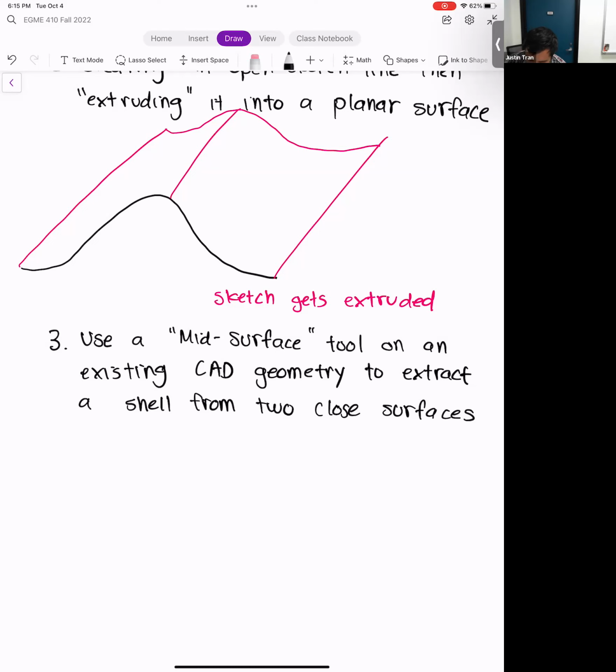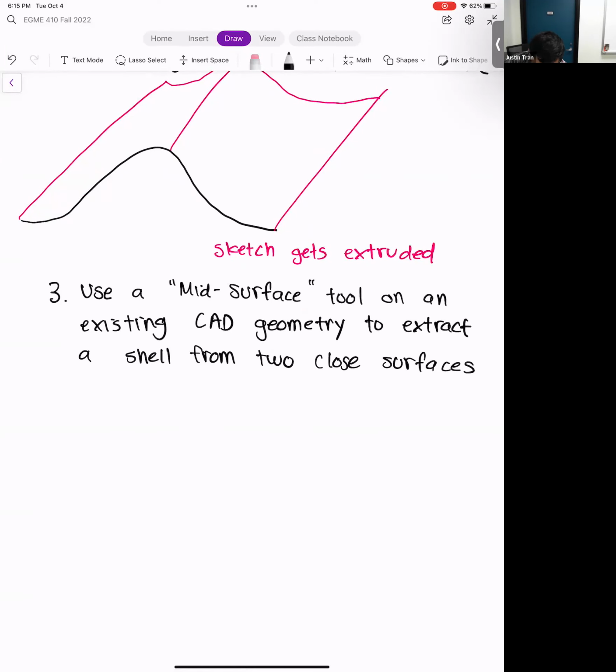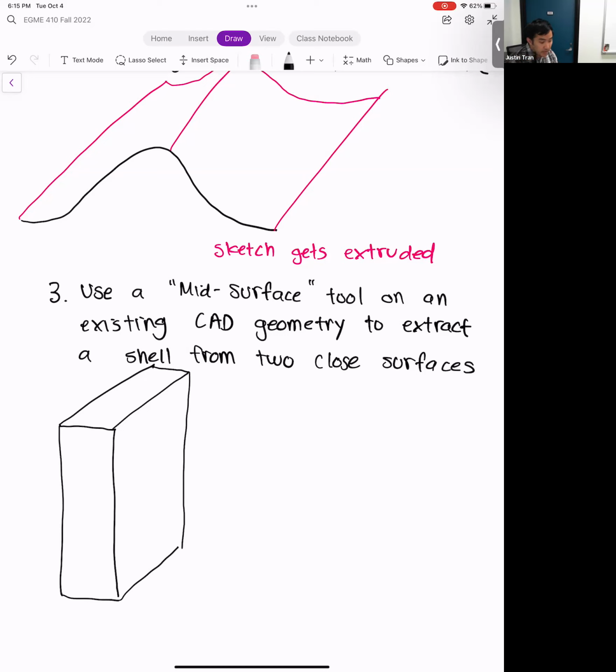Here's an illustration of how that works. Let's say that you have a CAD file, and inside that CAD file you have a relatively thin part of the geometry. Let's say you have a part of your CAD file that looks like this.